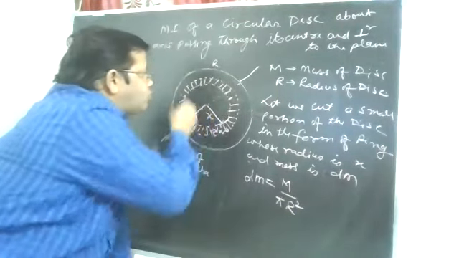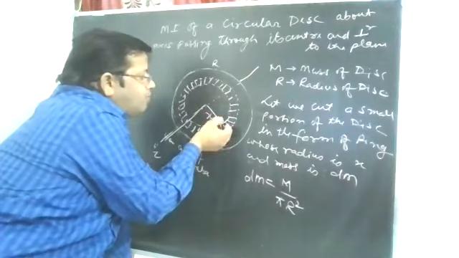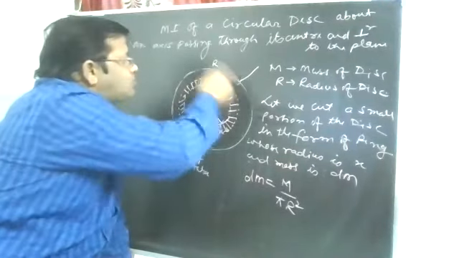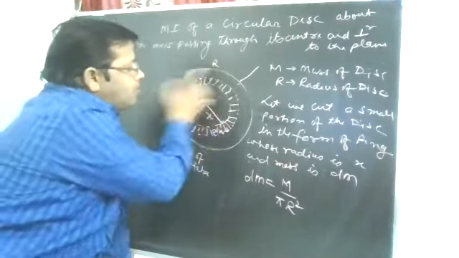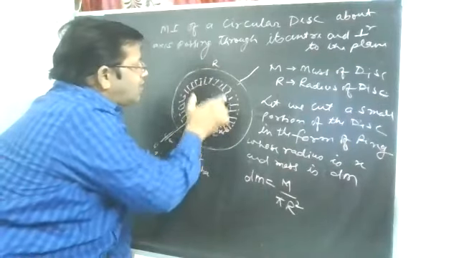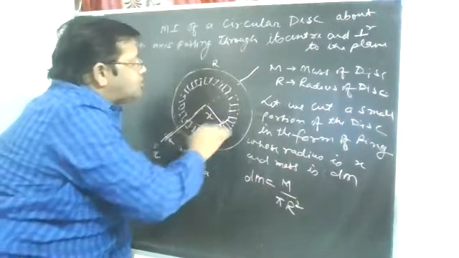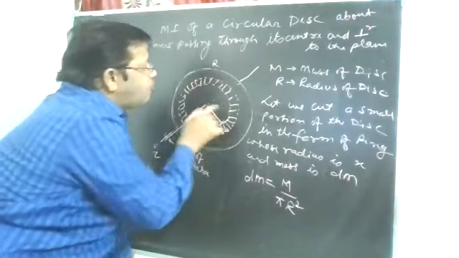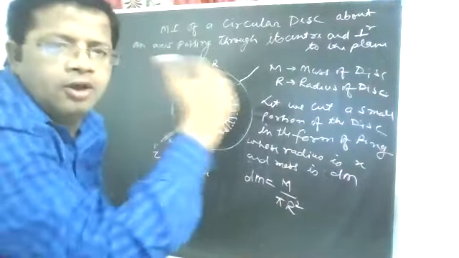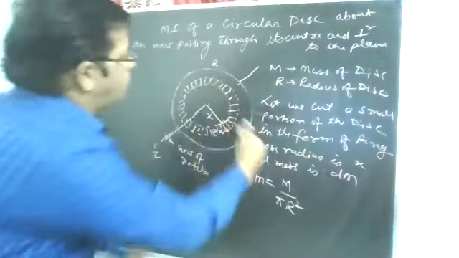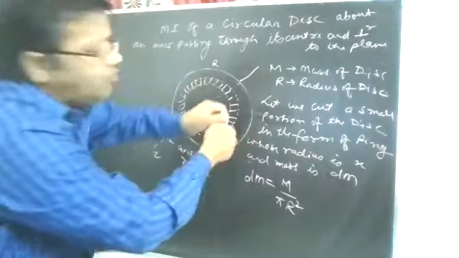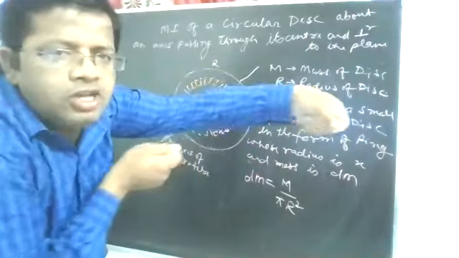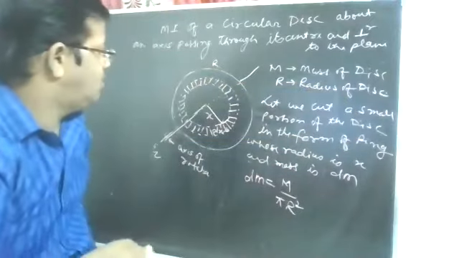And what is this portion? Since the thickness is very small, see, if you take a round piece of paper, circular, and you cut a small ring and remove it, and cut it at any point, then if you open it, it will spread like a rod.